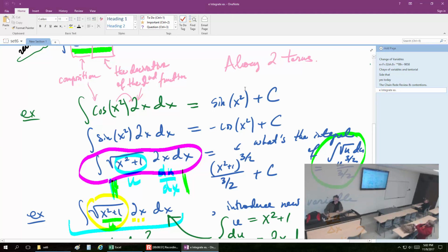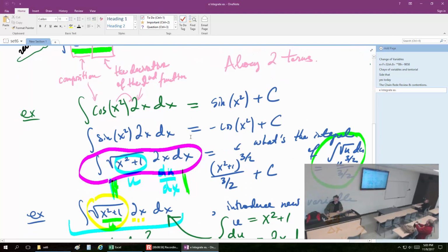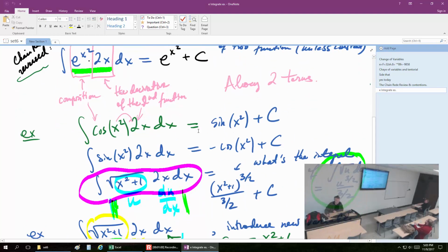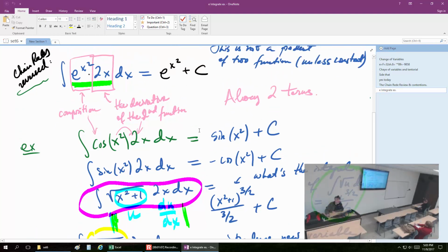Let's see. This is the list of integrations right here. It is a very short list, but very similar in nature. Let's say these three at the top.